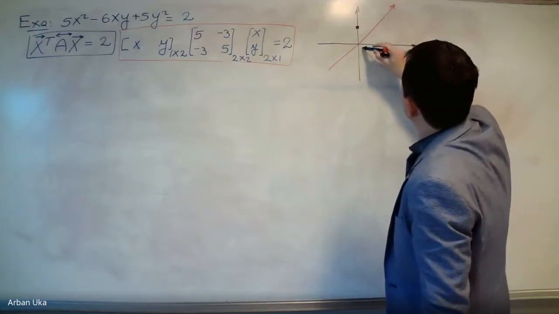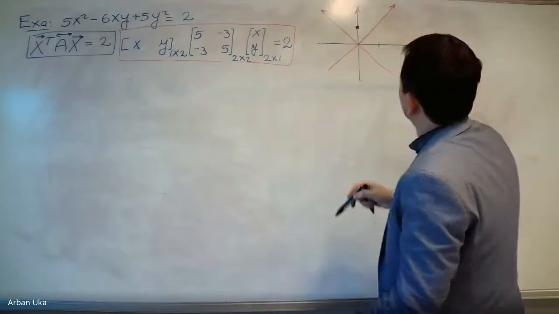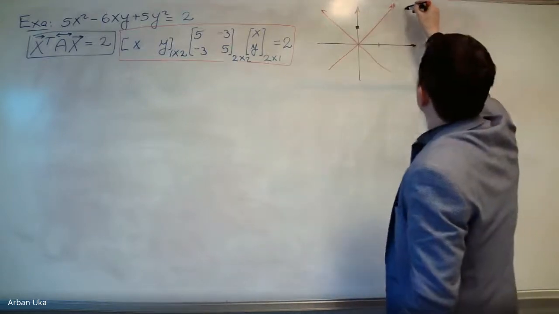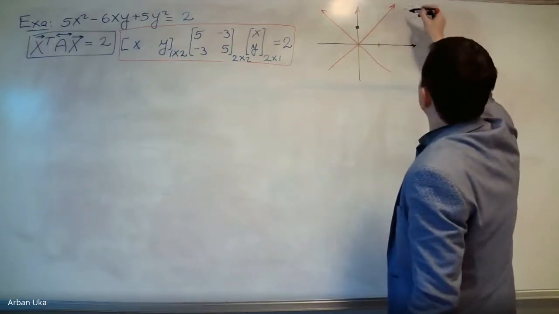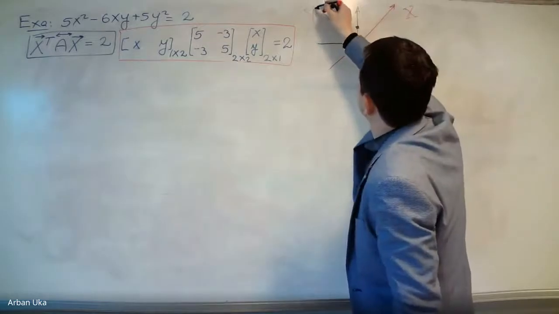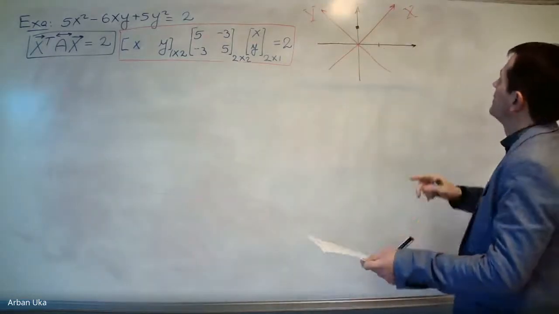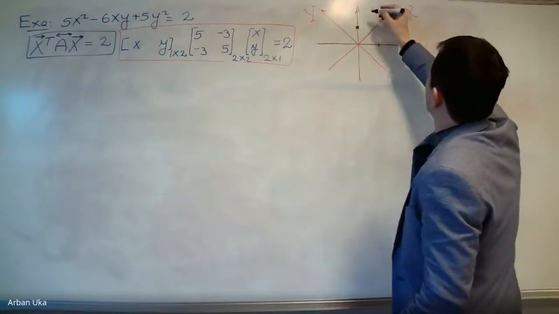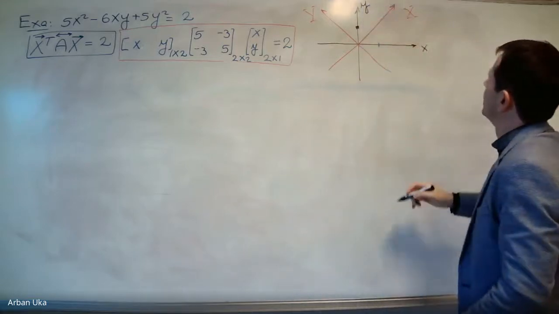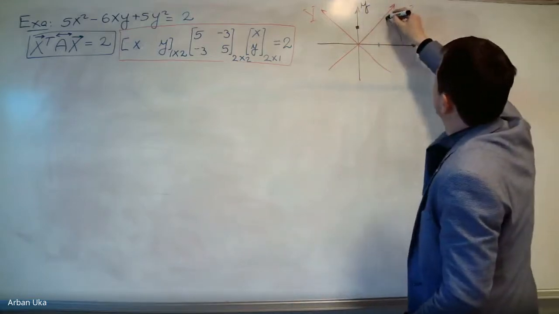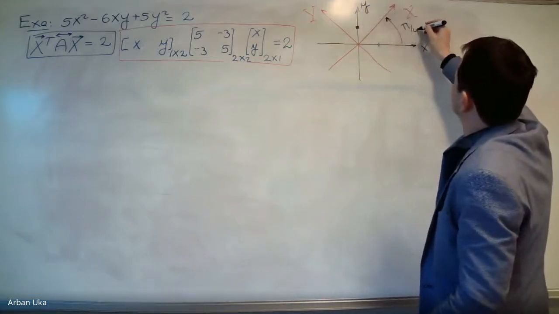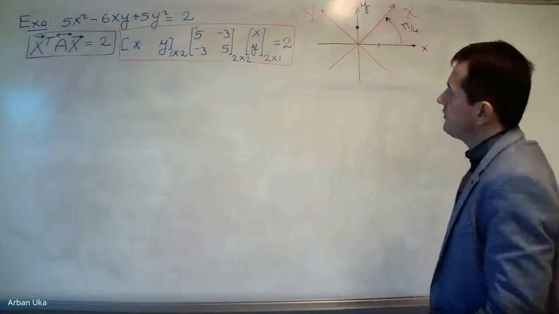Here and here. So, let's assume that this new coordinate system, this is capital X, and this is capital Y. Now, this is our previous x and y. And let this angle be pi over 4.